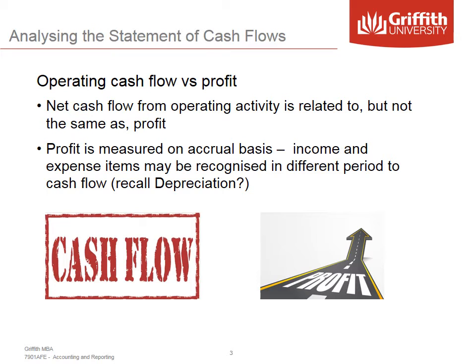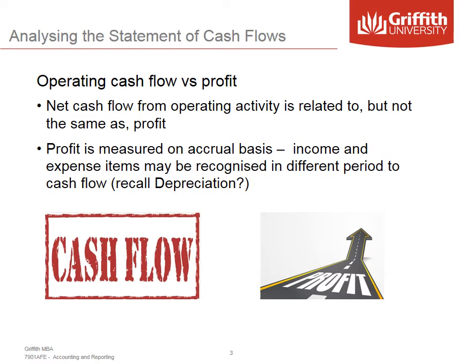When we calculate the profit on an accrual basis, one of the expenses, amongst many, that we deduct is that of depreciation. Now you saw from our previous discussion that we calculate depreciation based on a formula, and the formula applies to a purchase of an asset which may have been made a number of years earlier.